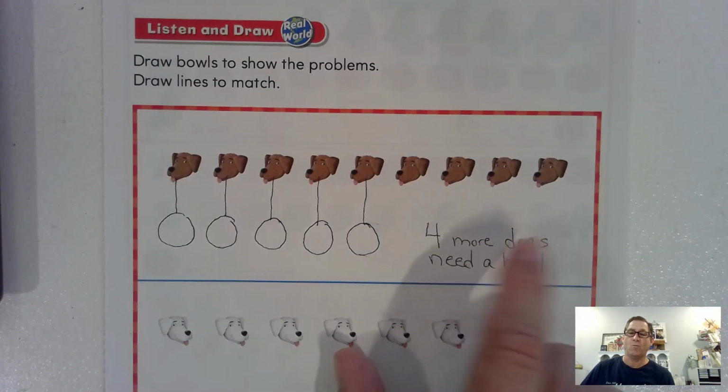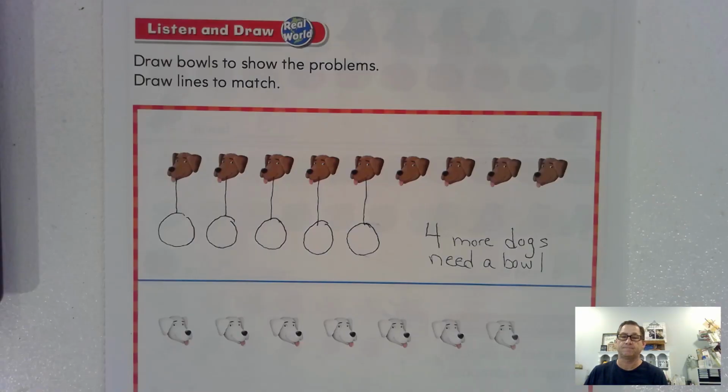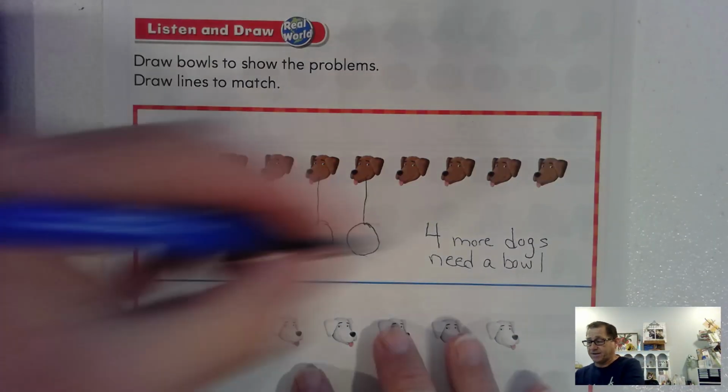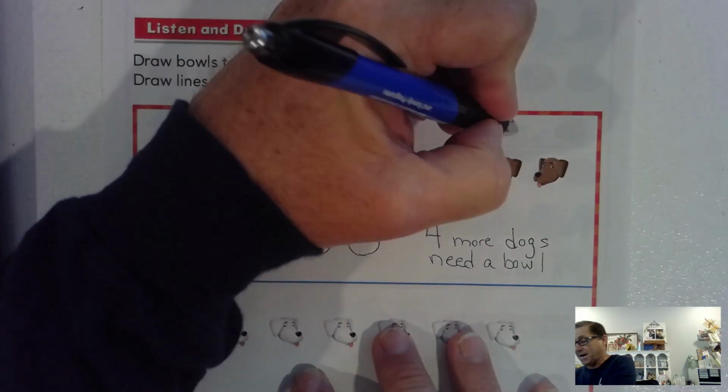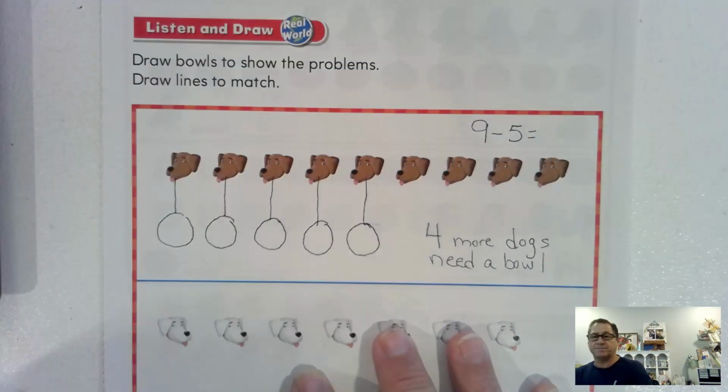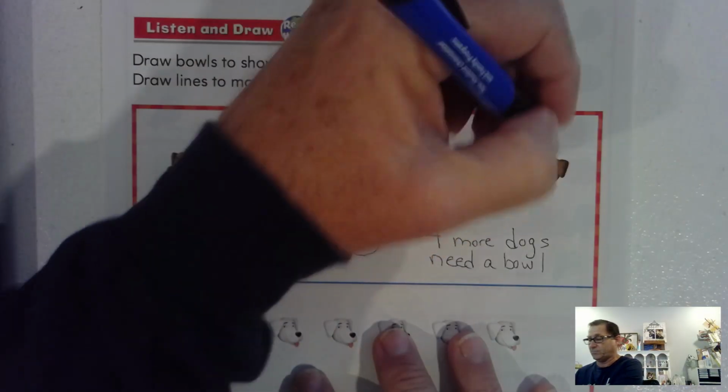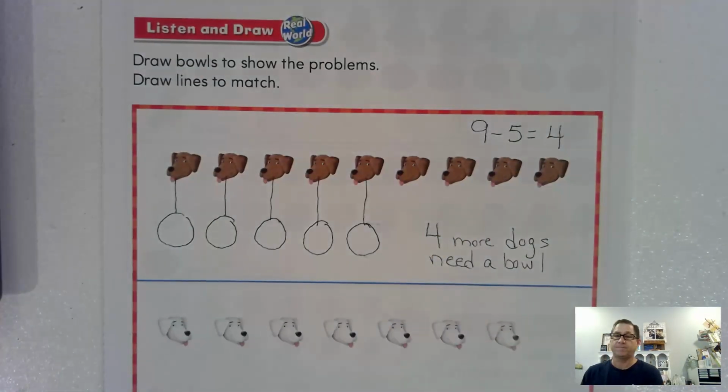Okay, 4 more dogs need a bowl. If I was writing the subtraction sentence for this, it would be the 9 dogs minus 5 bowls equals the difference, which would be 4. Okay, I would need 4 more.